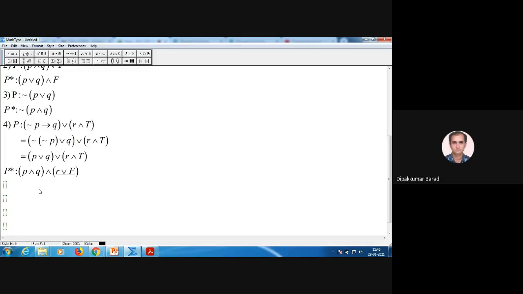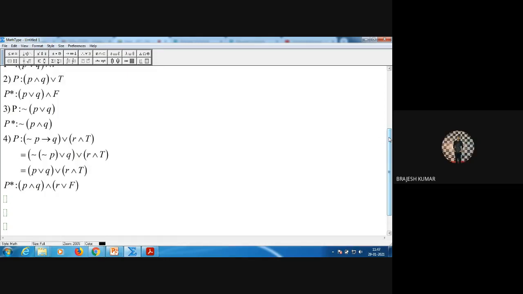Sir, in the second point, is that and false, and true? See here, if you have given P and Q or T, T represents true and F represents false.